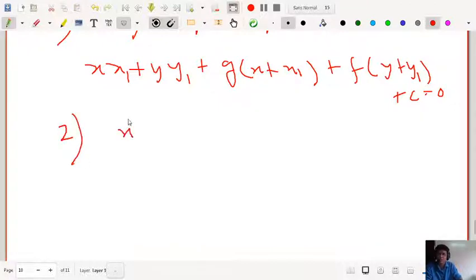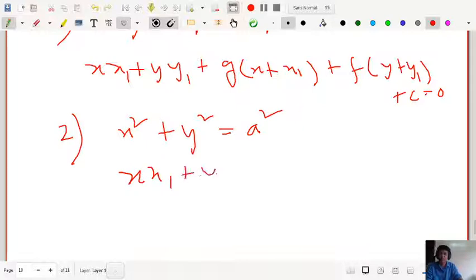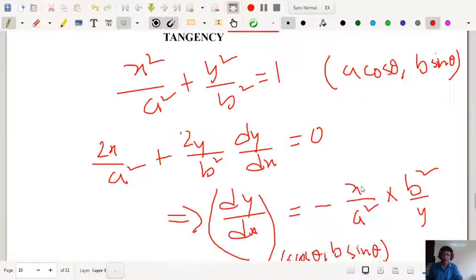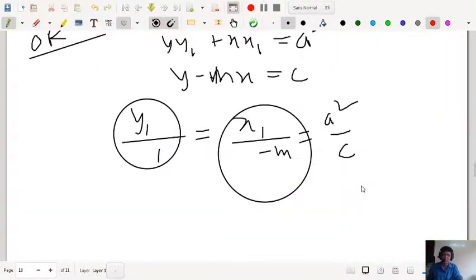Let us see the simple equation. I have started with this equation of the circle, x square plus y square equal to a square. Let us apply it at x1 y1. So what will happen? x x1 plus y y1 equal to a square. You apply your derivative rule, finding the slope and all that, or you apply the geometrical rule, and you will get this. Let us verify whether this is correct or not. At the first page we got this.